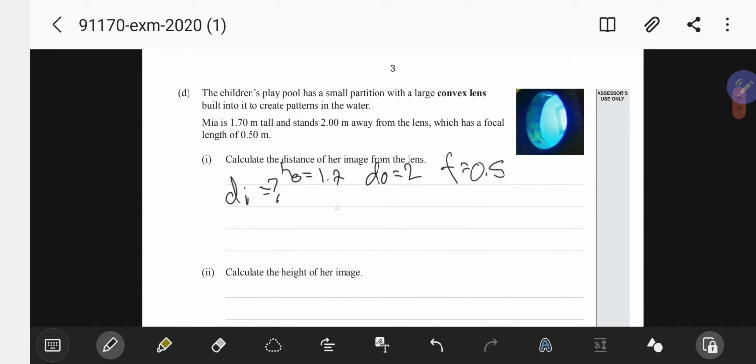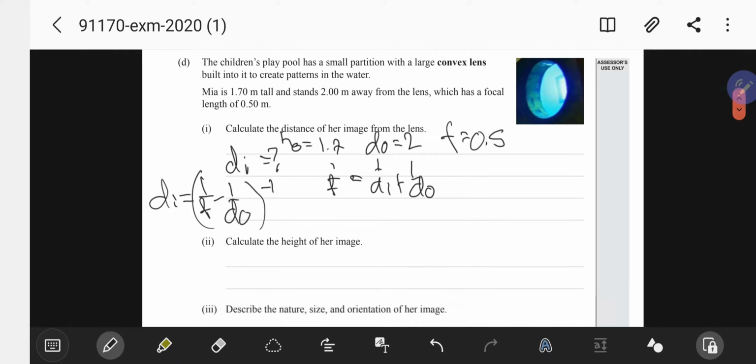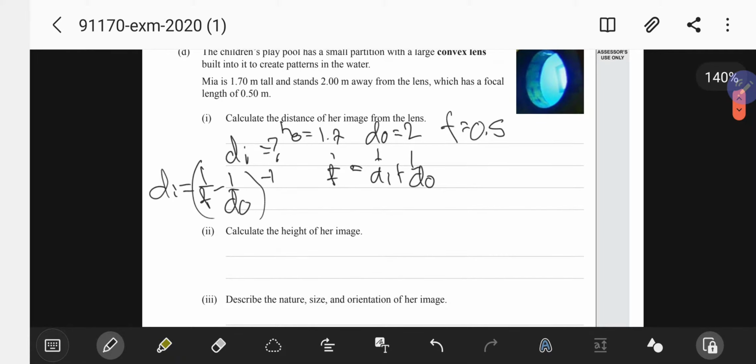Okay, so we just use our formula 1 over f equals 1 over di plus 1 over do. We can rearrange this equation to make di the subject, so di will equal 1 over f minus 1 over do, all to the power of -1. And when you plug in your values, you should get your distance.